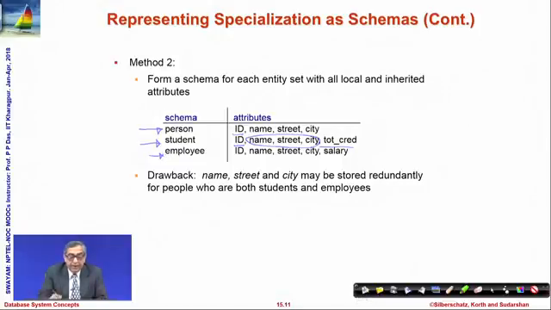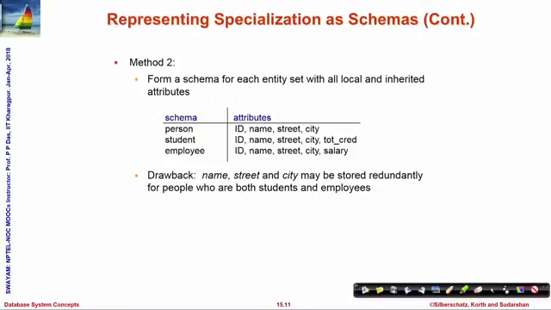Now, this naturally makes it easy to extract information for a single entity set, but at the same time you are storing the same data redundantly for entities having overlapped representation. As we know, student and employee are overlapped, so the same entity will occur in student as well as in employee.